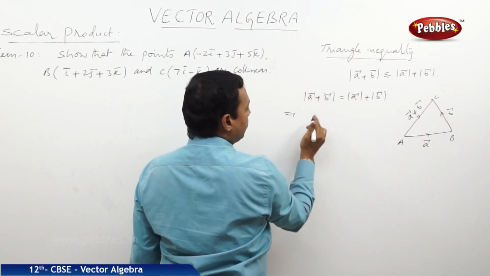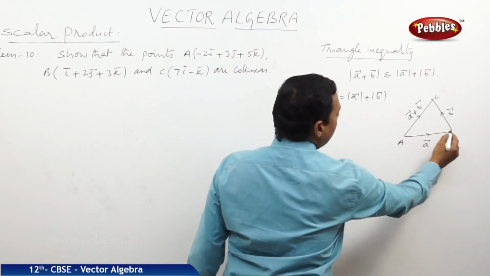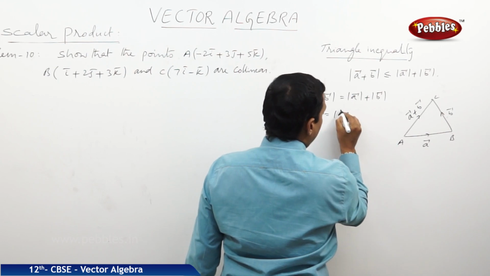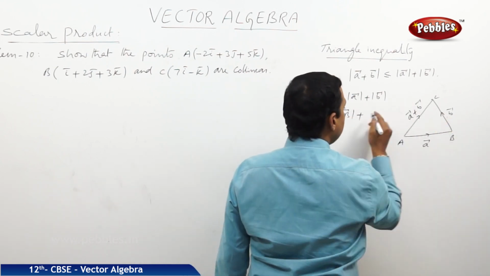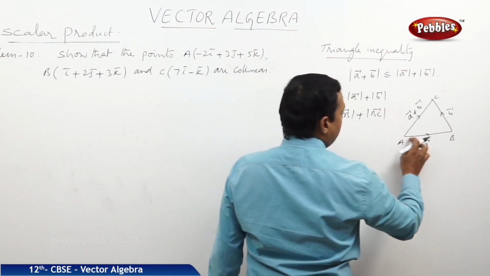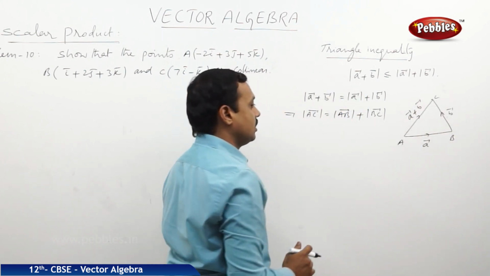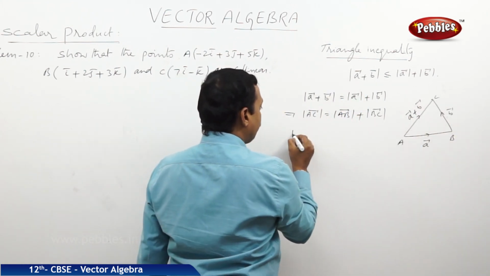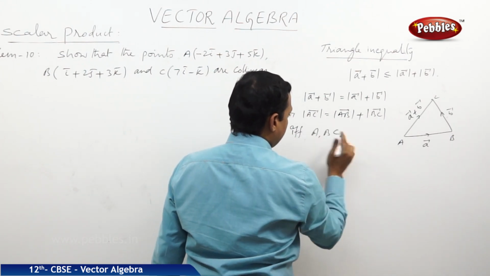The modulus of A plus B is mod AC, mod A is equal to modulus of AB vector, and mod B is equal to modulus of BC vector. The sum of AB and BC is equal to AC. It happens if and only if A, B, C are collinear.